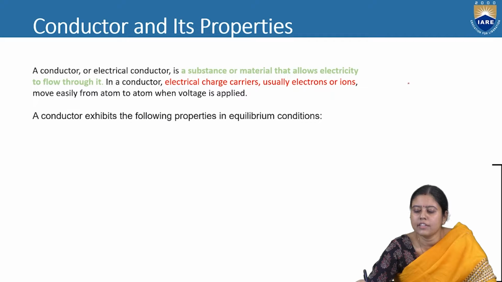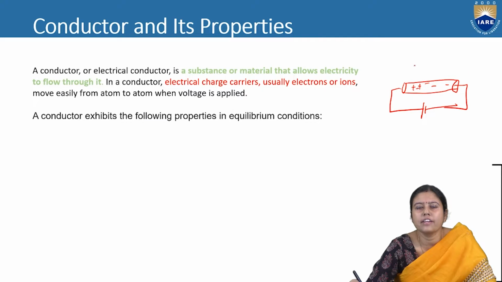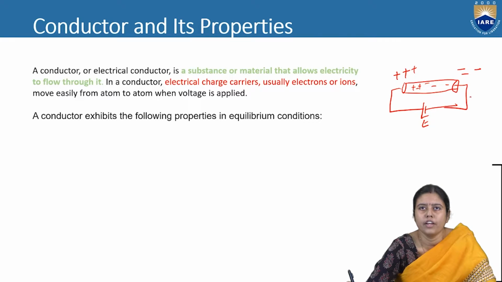A conductor comprises some positive charge and negative charge, and when we connect a voltage to it, it creates a field. As an application of the field, the positive and negative charges are segregated, and the electrons start to flow from the negative to the positive side. So the direction of current is opposite to the flow of electrons.